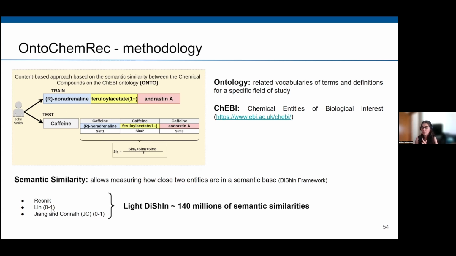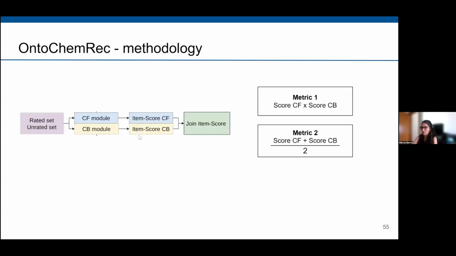We got more than 114 million semantic similarities. In terms of time, it took us about one week to run all of these similarities between the chemical compounds. Okay, and the final score for caffeine would be the mean of the similarities, divided by the number of training chemical compounds.